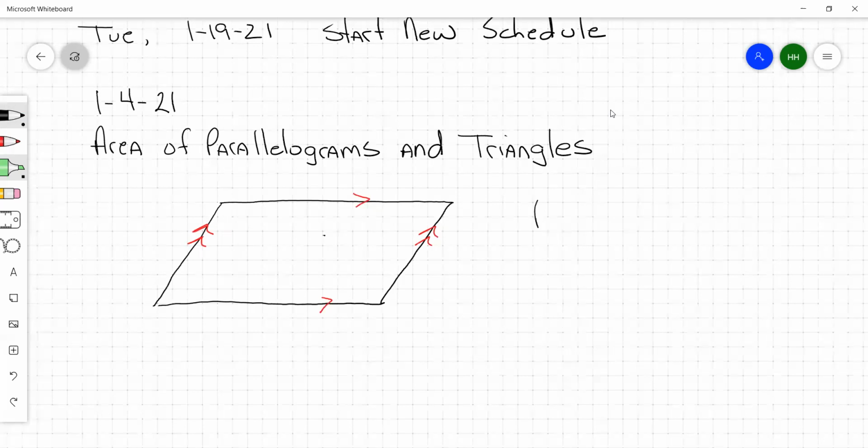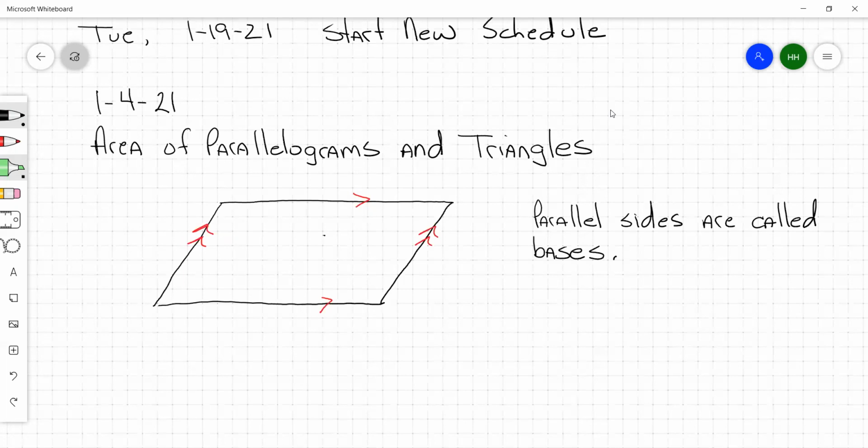Parallel sides are called bases. So what you have here is a parallelogram, but because both pairs of sides are parallel, every side is a base, okay?